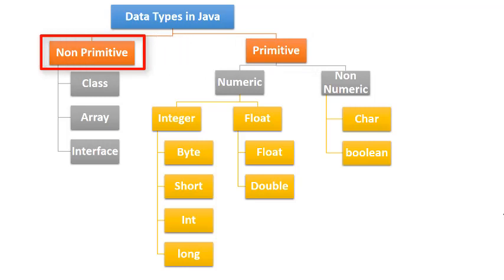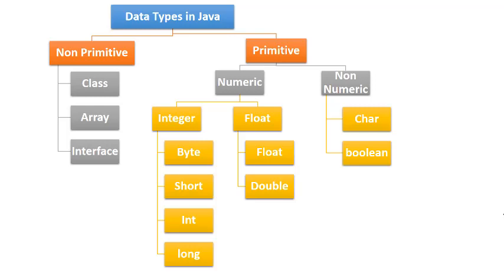And the non-primitive means that these data types are rather new data types. They are customary data types and they were added later into the programming languages. Therefore, the names non-primitive and primitive are given to the categories of these data types.